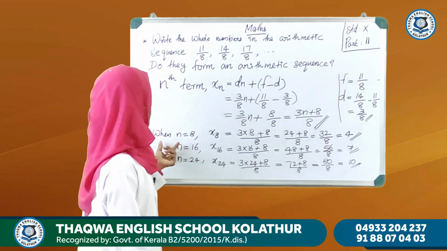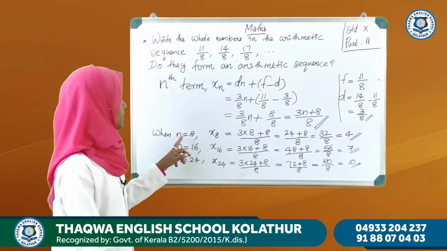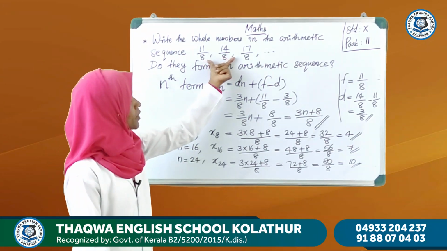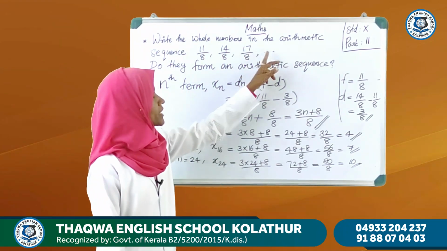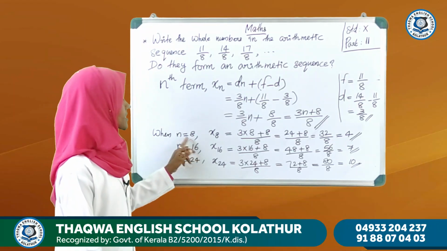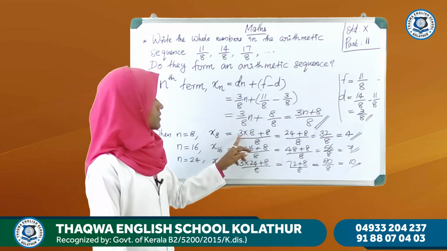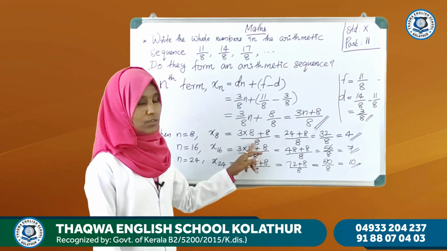Now, if we put the values for n, 1, 2, 3, etc., we get the terms of the sequence 11 by 8, 14 by 8, 17 by 8, etc. Now, when n equals 8, the 8th term of the sequence is 3 into 8 plus 8 by 8. Why?